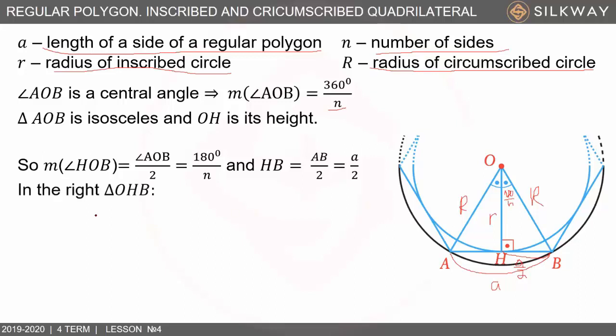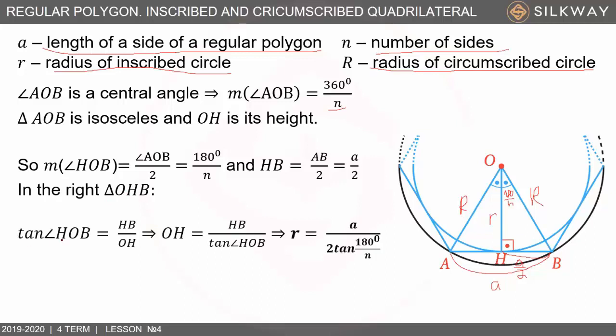And then in the right triangle OHB, the tangent of angle HOB is equal to opposite side over adjacent side. And here OH is the radius, yes? The radius will be equal to HB over tangent of angle HOB. And HB here is A over 2. If we put in these two terms, we will have this formula.